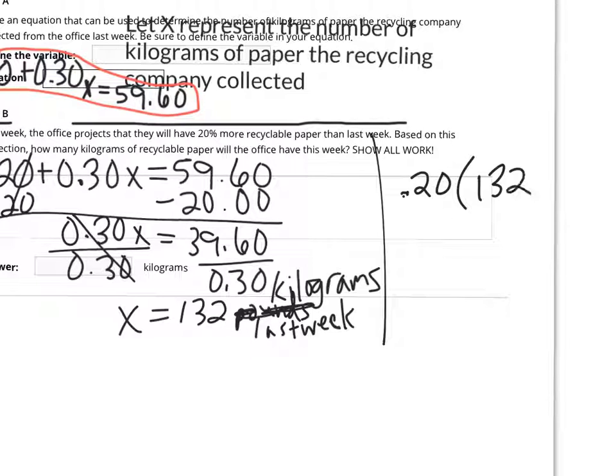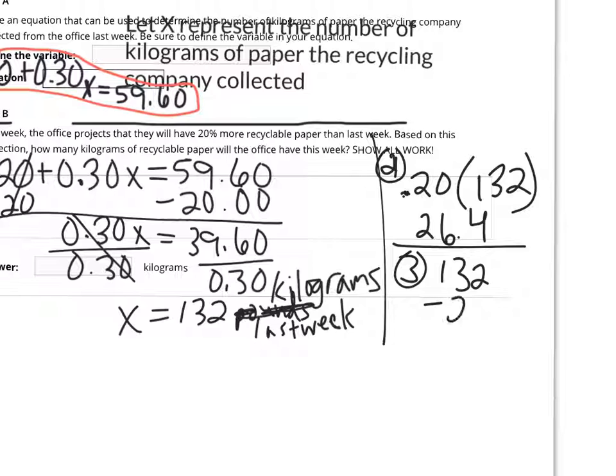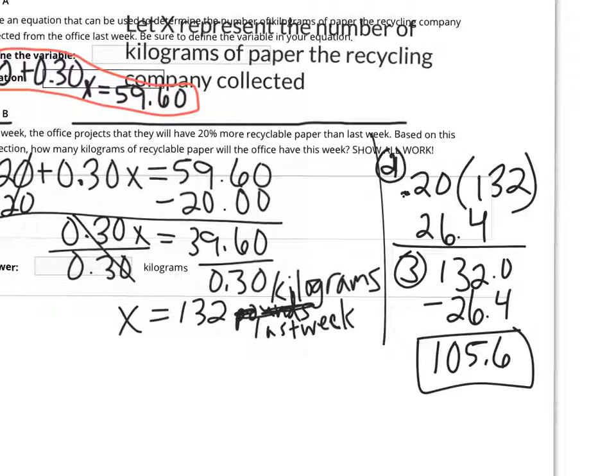So 20%, change that to decimal, times 132, or 20 over 100 times 132 would be 26.4. And then we subtract, 132 minus 26.4 would be 105.6. So 105.6 kilograms would be our final answer for this part.